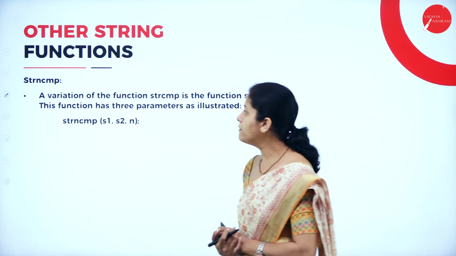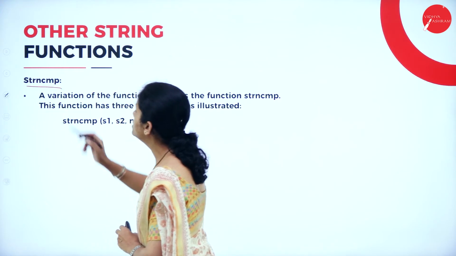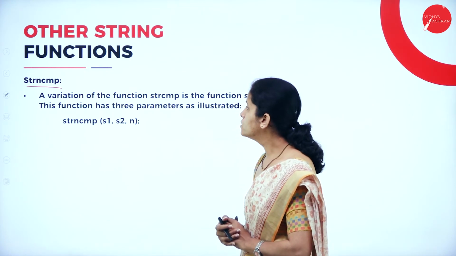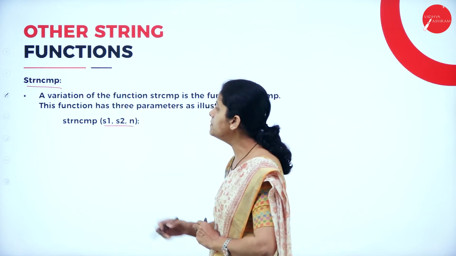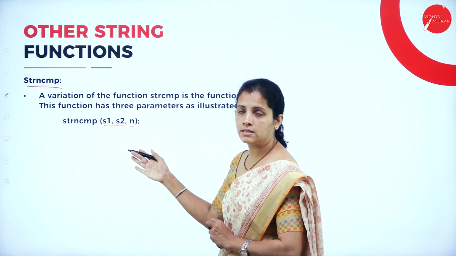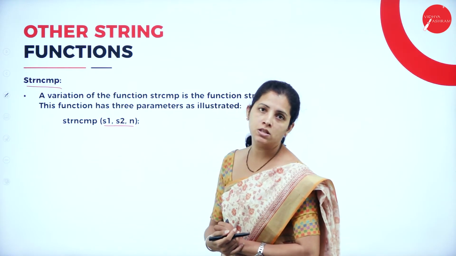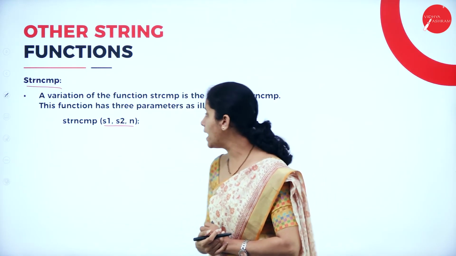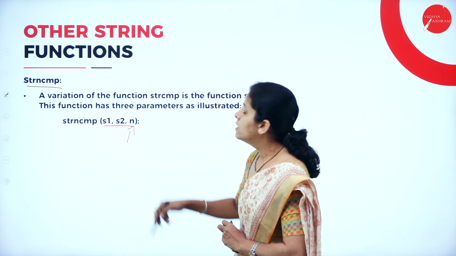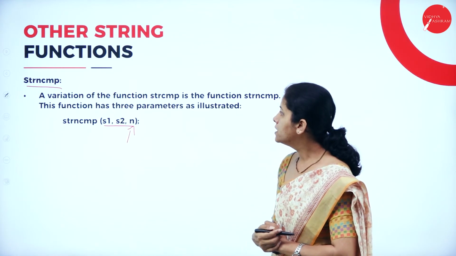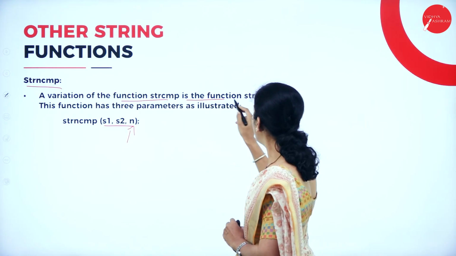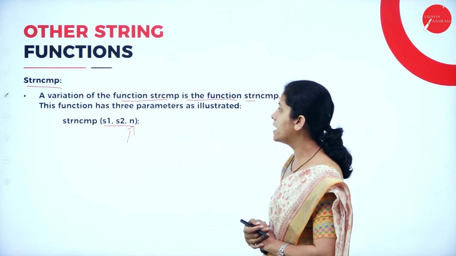Now I'm going to have another function, that is string n comparison. So here, see the difference. Once again, I'm going to have 3 variables. One is my source string, another one is my destination string, and another one is my parameter, which is nothing but the position I'm going to specify here. A variation of the function strcmp is the function strncmp.